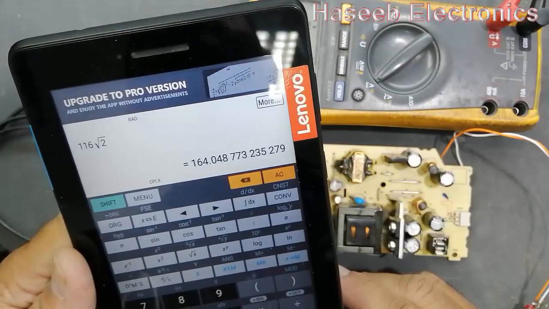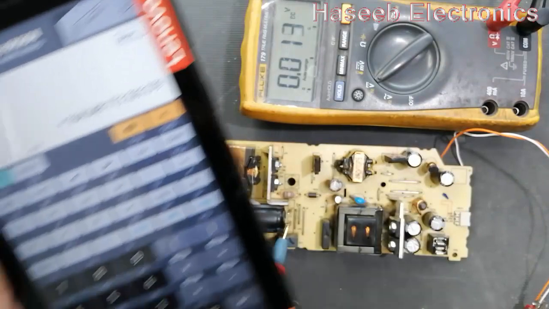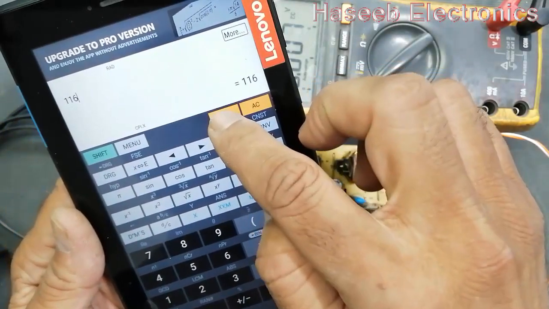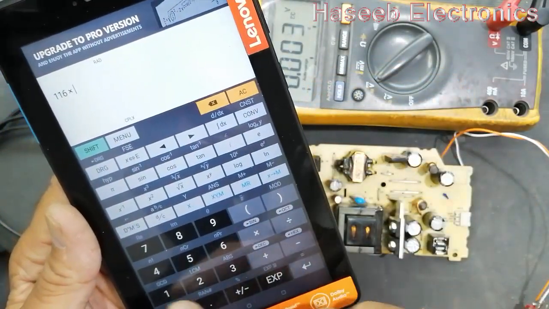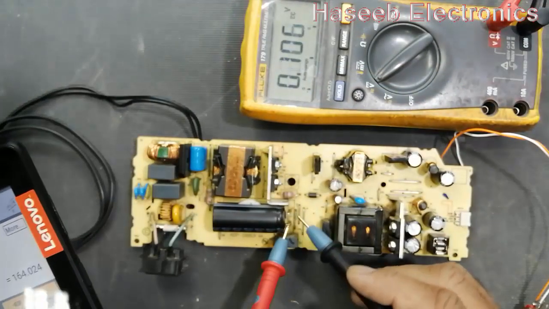I am getting exactly what our calculation gives, 164. You can calculate it as well, multiply by 1.414, it is the same, 164 volts.